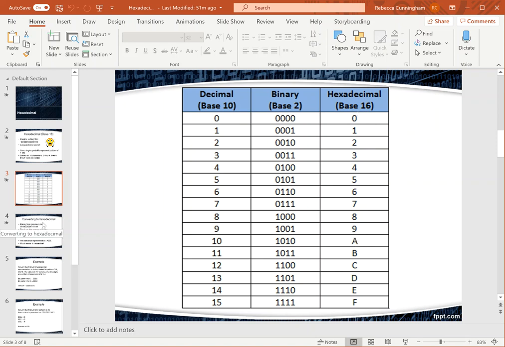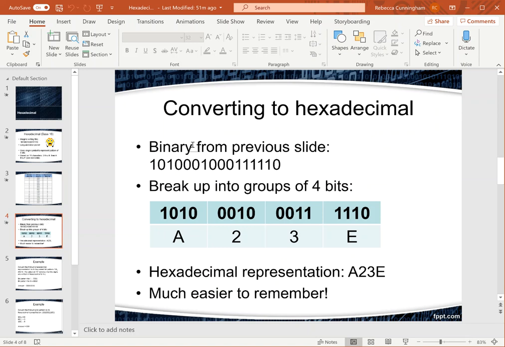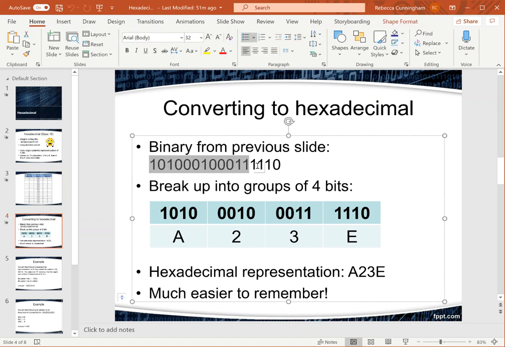Let's see this in action. This is the bit pattern that I had from slide 2. How we do that is we break it up into 4 bits, and we start on the right hand side. I start here and go right, and so 1110.